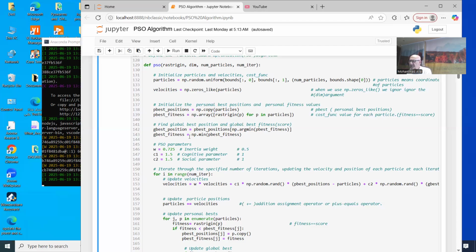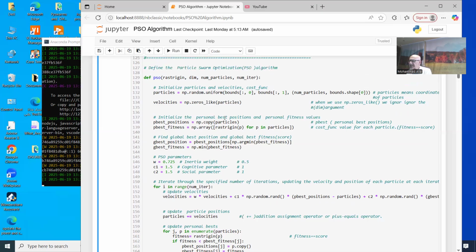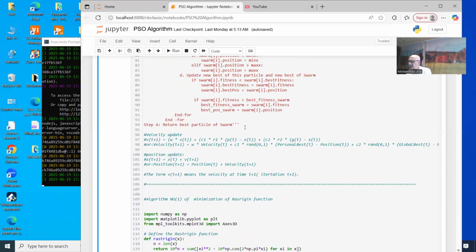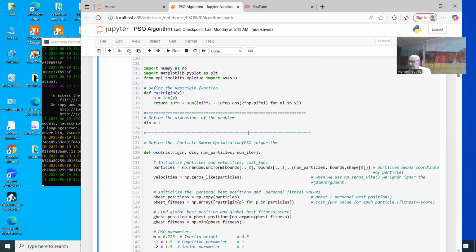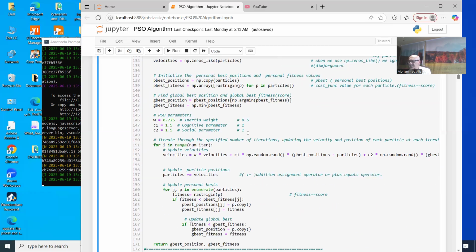Okay. These values now could be used to carry out the update of the velocity, because as I have explained to you above, in order to update the velocity, you need to have the personal best and you need to have the global best values. Now they are given to us. So at first we assign the values of C1 and C2 because we know them.